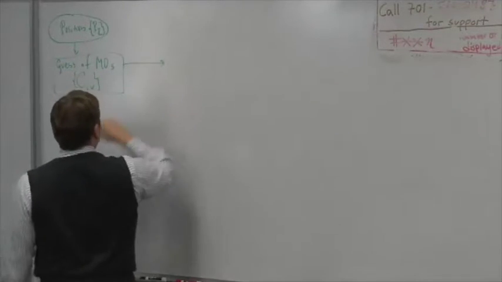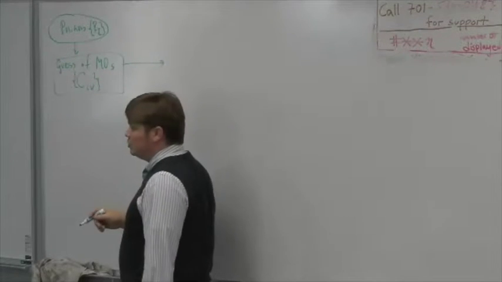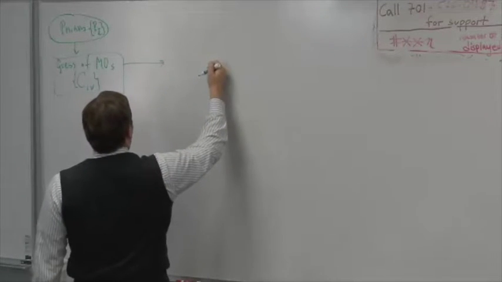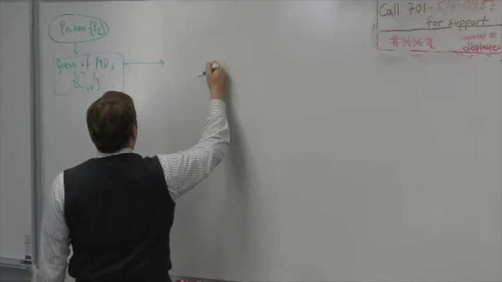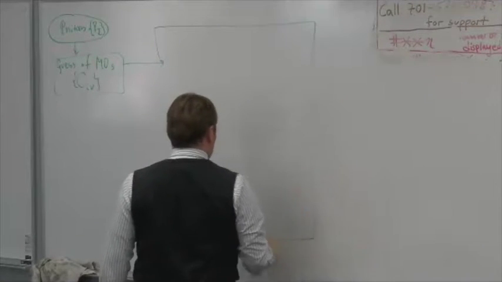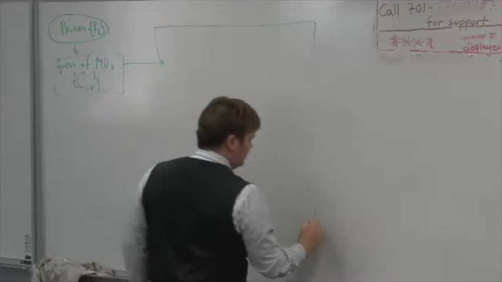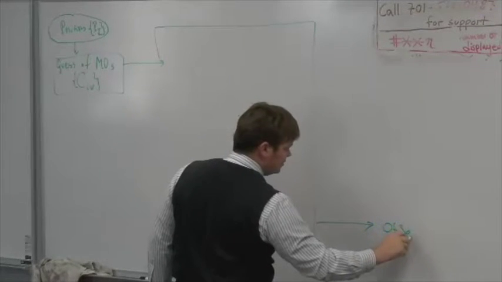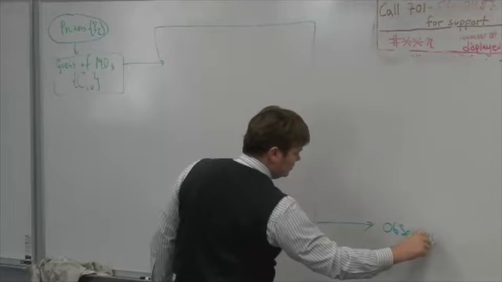This information serves as an input to the self-consistent cycle. At the end of the self-consistent cycle, we can find observables.